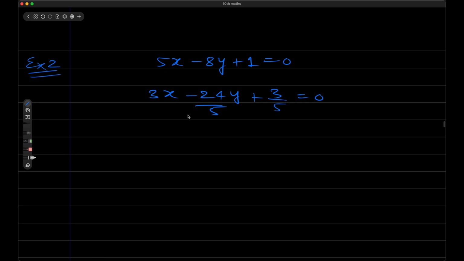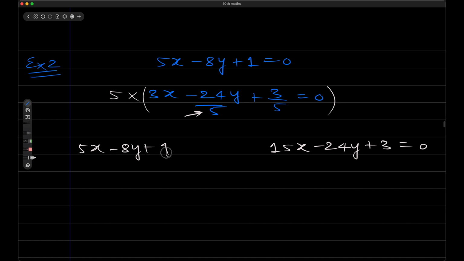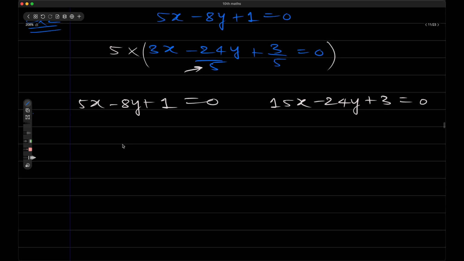First, let us remove 5 from the denominator. So we will multiply the whole equation by 5. We get 15x minus 24y plus 3 equals 0, and the equation of the first line is 5x minus 8y plus 1 equals 0.